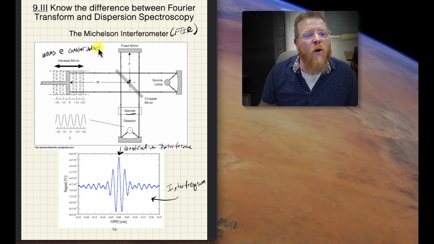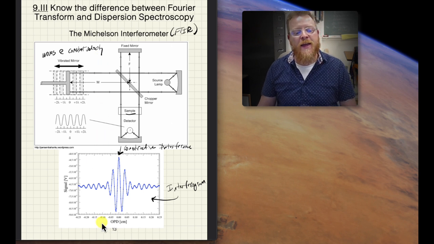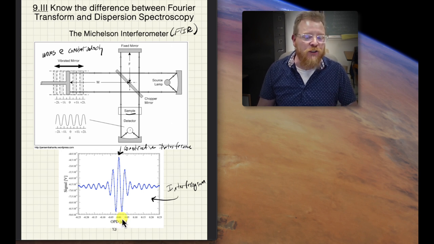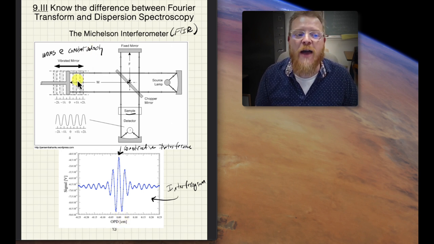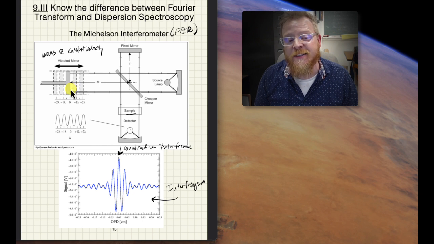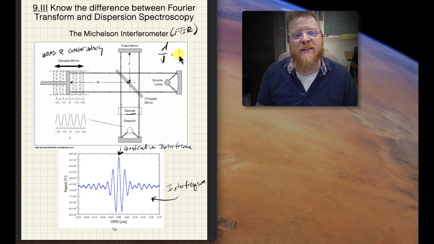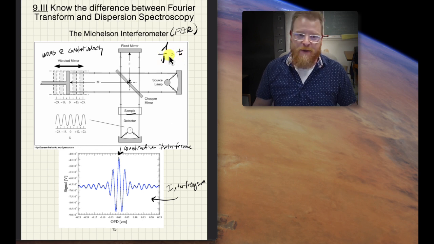So even though this interferogram shows the signal as a function of distance, it really is a time-based measurement, because the mirror is moving at a constant velocity, and we can take the position of the mirror, d, and divide it by the velocity to get the time.